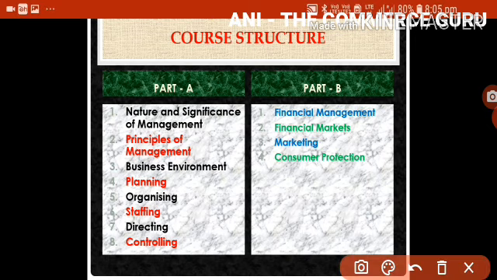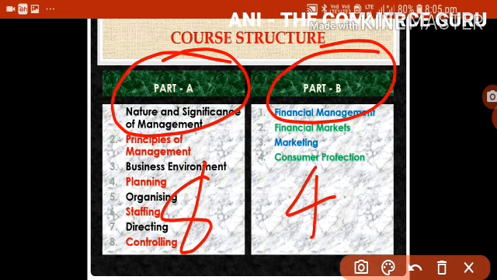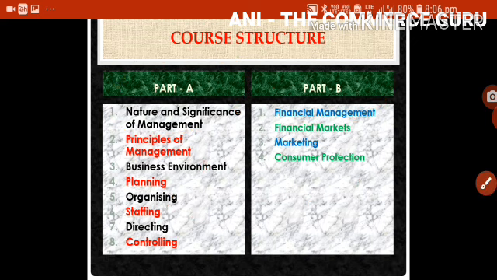So the entire course is divided into 2 sections. Part A consists of 8 chapters and Part B consists of 4 chapters. So altogether you have 12 chapters to learn in the entire course of business studies.